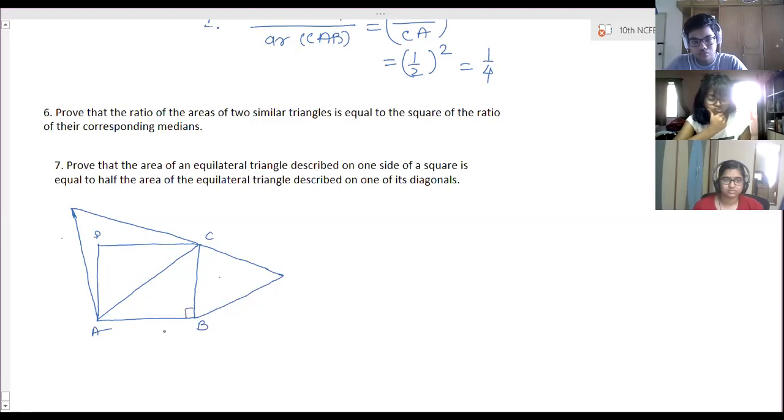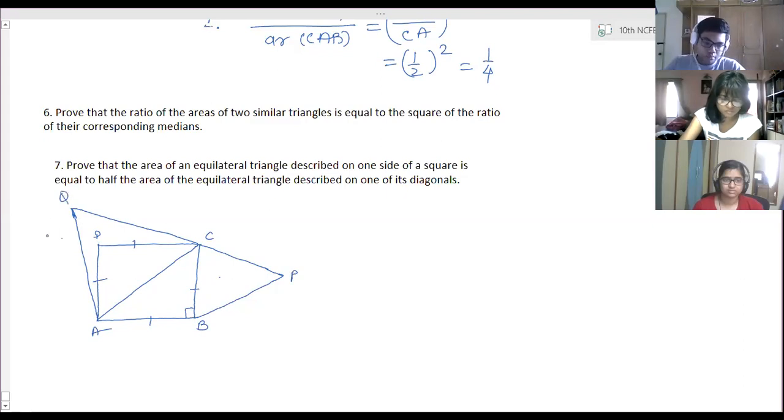All sides are equal. Then we can consider area of BCP and ACQ. So what we have to prove is area of BCP is half the area of ACQ. Is it clear?